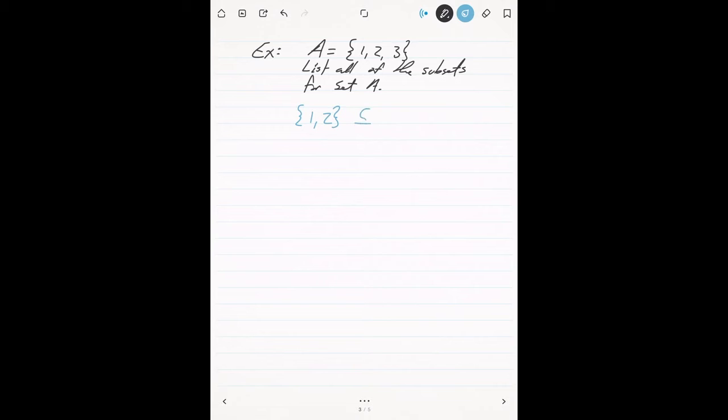This is a subset of the set 1, 2, 3 because the elements in here are also elements in here. So it's a subset. We're good with that. Now let's see what else we can come up with. Why don't you pause the video, take a couple minutes, and see if you can jot down as many subsets as you can find from the set 1, 2, 3.